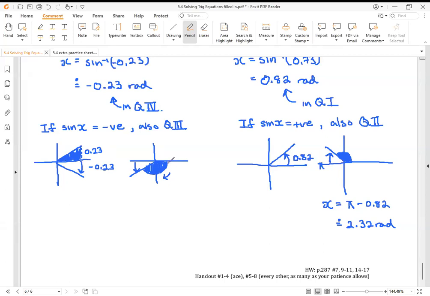But if you don't like negative angles, go positive and then take away 2 pi. You can do it so many different ways. The answer is negative 2.91 radians.